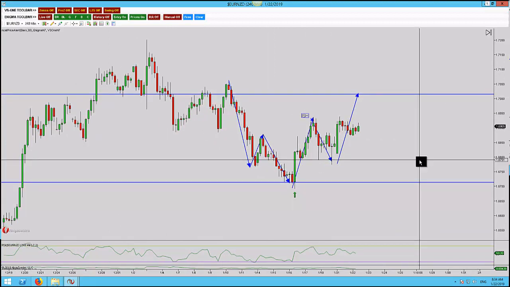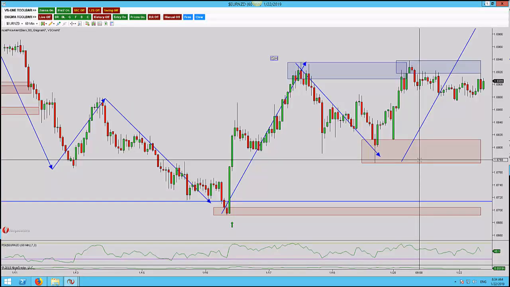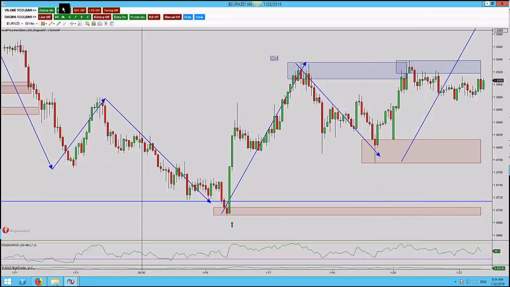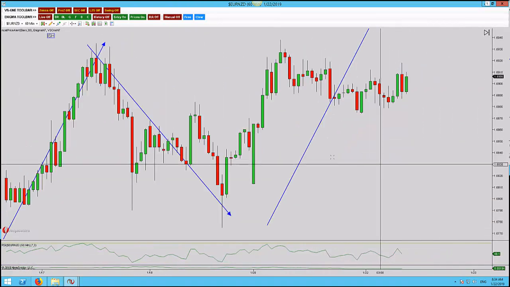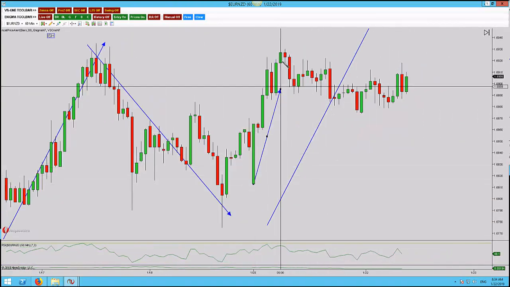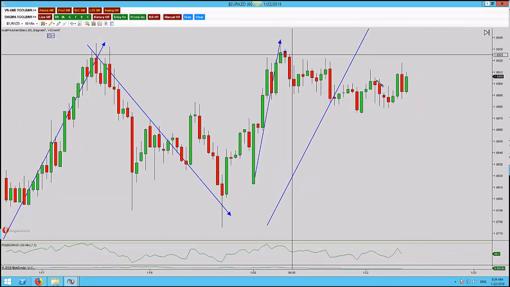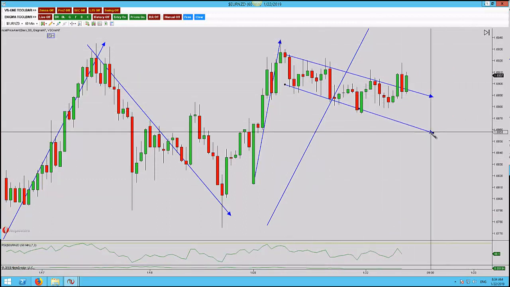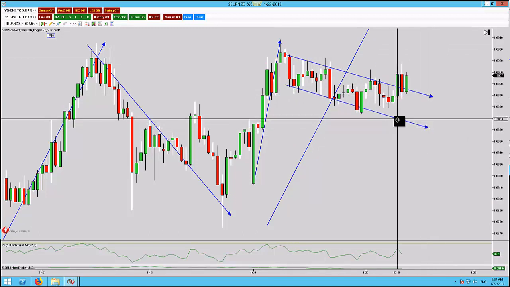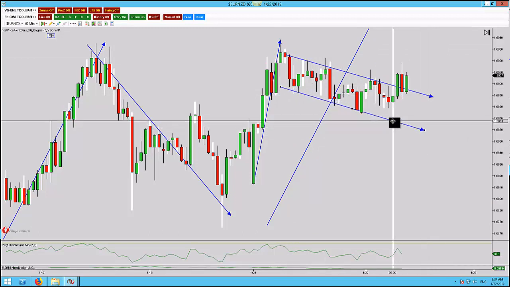So if we know that we want to be looking for bullish opportunities, let's drop down the time frames and have a look. Now what we then have is this. We have a pole, and then we have this channel that's formed just like this. Now if I'm honest, this is not the best flag pattern for me.